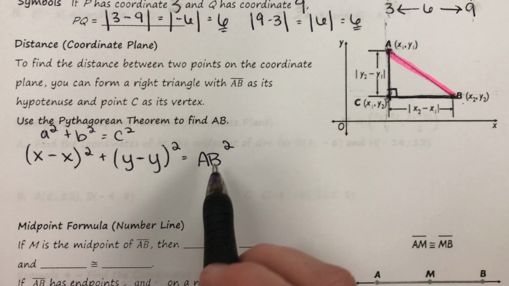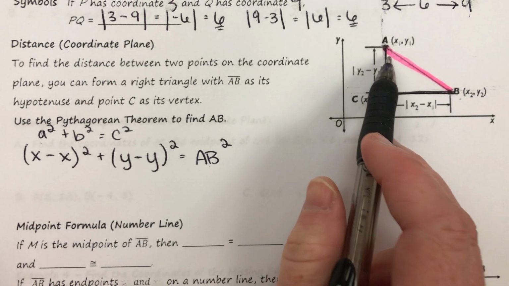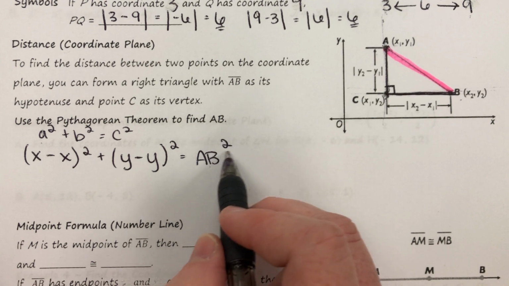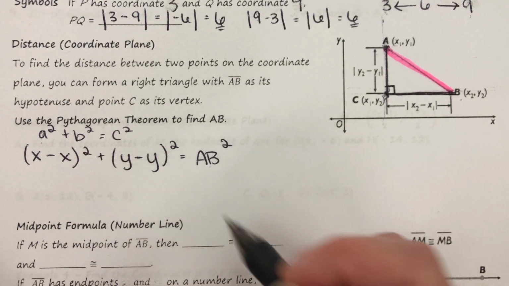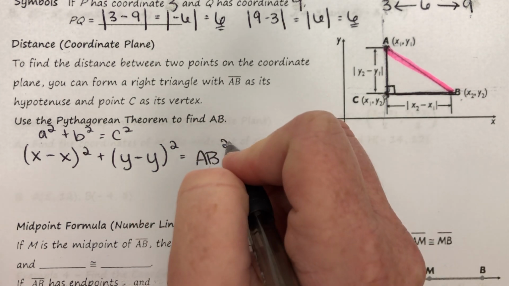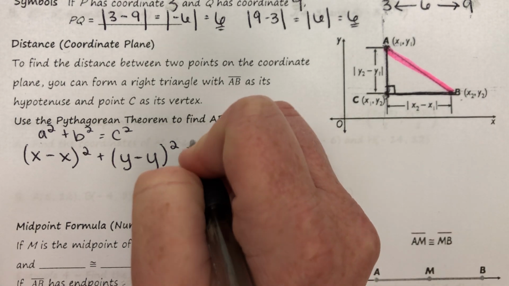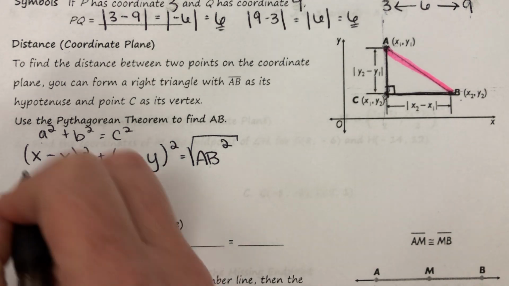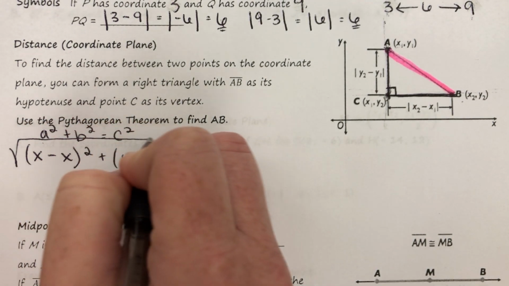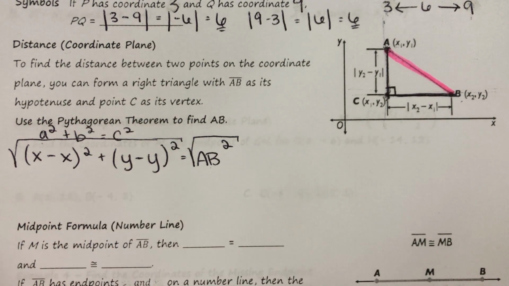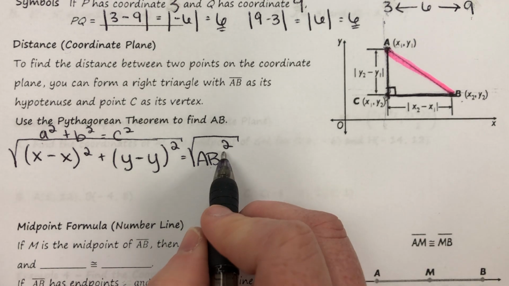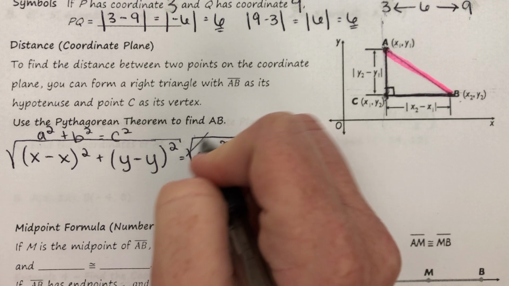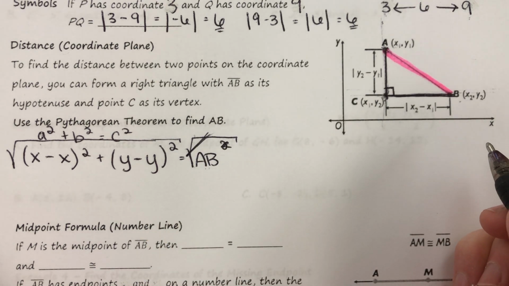Okay, so what do I do from here? I don't want to know the length of AB squared. I just want to know the length of AB, right? So how do I get rid of squared? How do I get rid of anything in math? I undo it. So to undo squared, I'm going to take the square root. And whatever I do on one side of my equal sign, I have to do that same thing to the other side, right? So once I take the square root of something squared, this little 2 and this square root symbol cancel each other out.